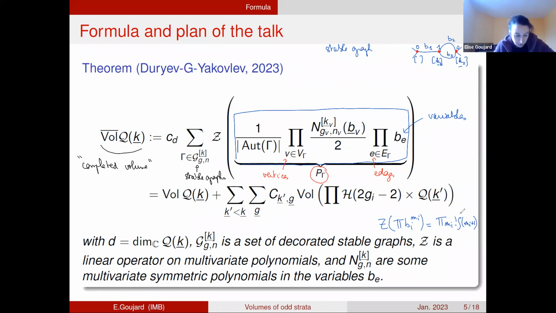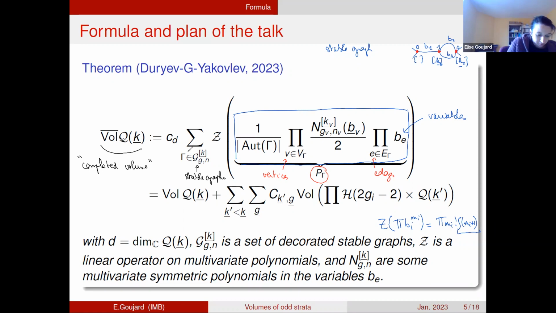In what follows, the m_i will always be odd. So this is the zeta value at an even integer. It's just a rational times an even power of pi.